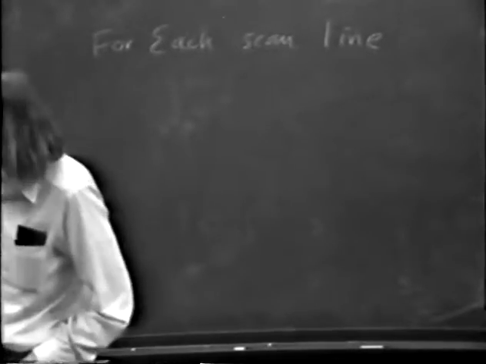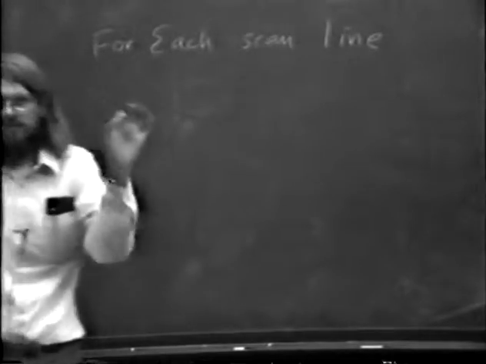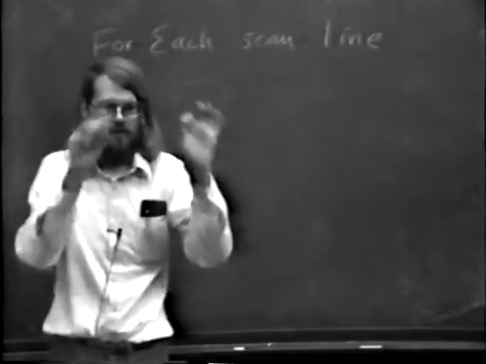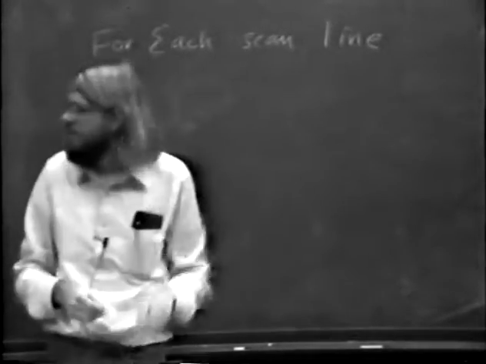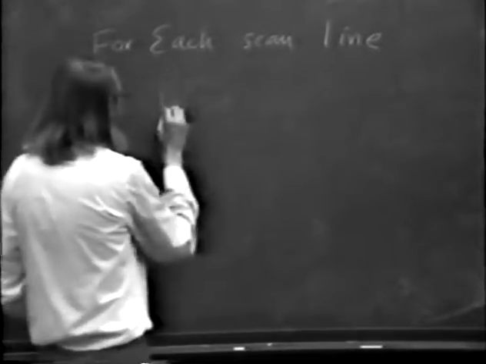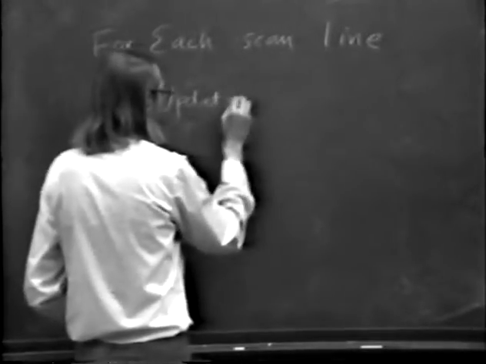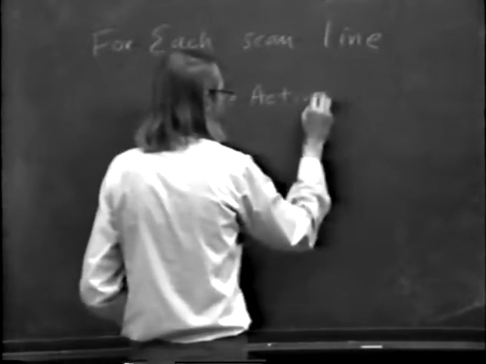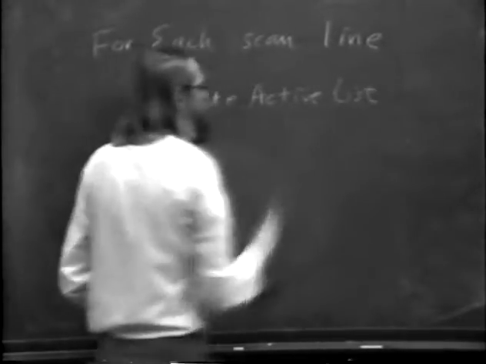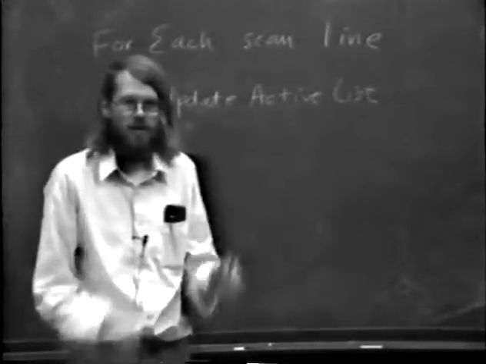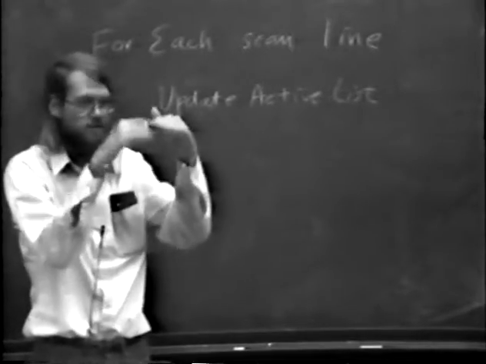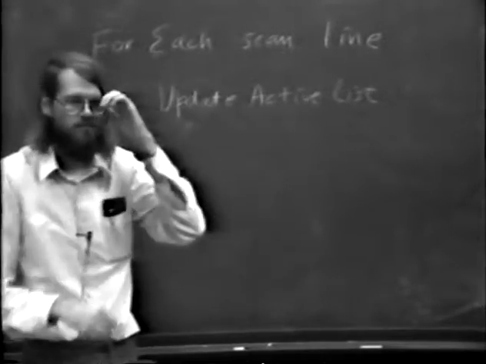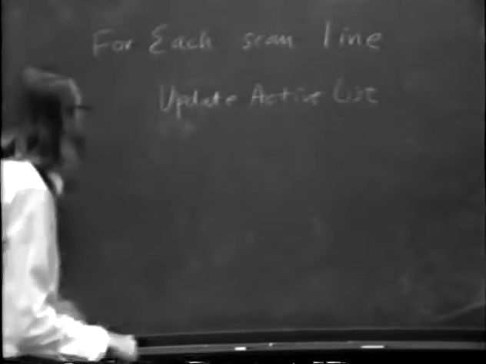You update all the information for the active list as you normally do. That's incrementing all the X's and Z's along the edges and the intensity information. Any polygons that the scan line drops below, you throw those away, removing them from the active list as in the standard algorithm.